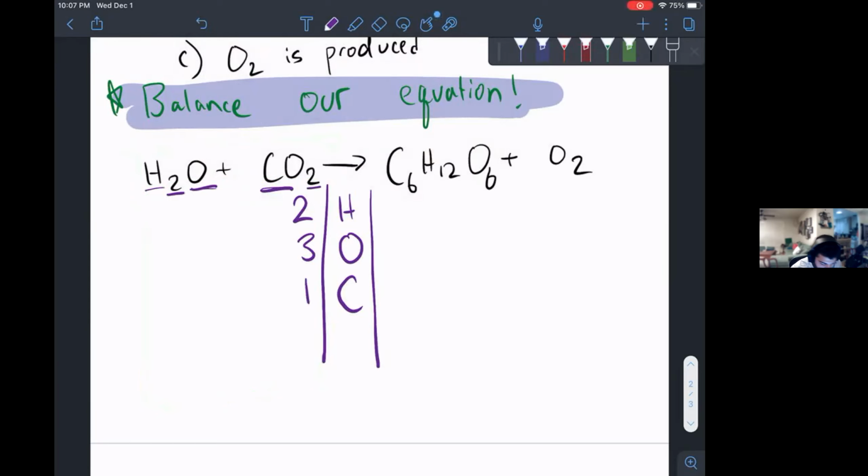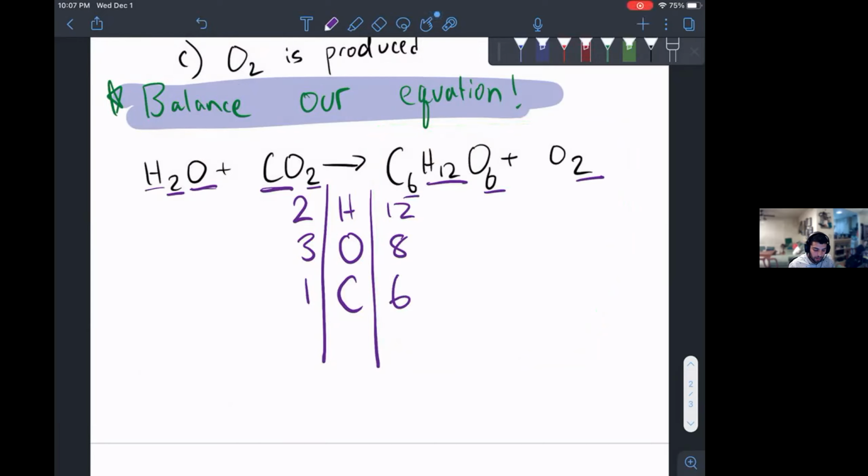Now on the right side of my equation, I see that I have 12 hydrogens. I see that I have 6 plus 2, 8 oxygens, and I have 6 carbons. Cool. This is a great place to start.